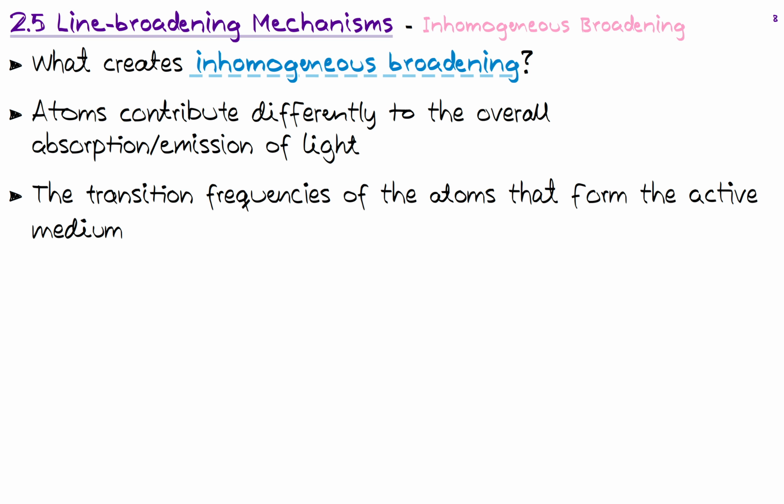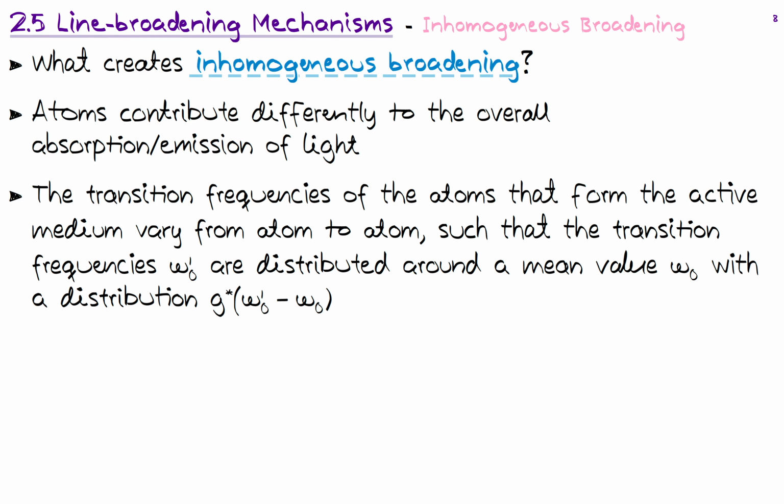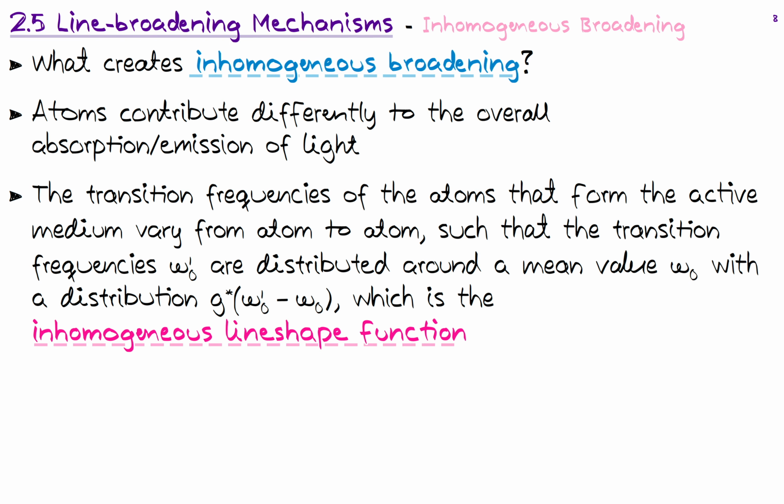These transition frequencies really vary from atom to atom, so that the transition frequencies omega naught prime are distributed around a mean value of omega naught with a distribution of G star, and that's a different line broadening function. And this is known as the inhomogeneous line shape function.